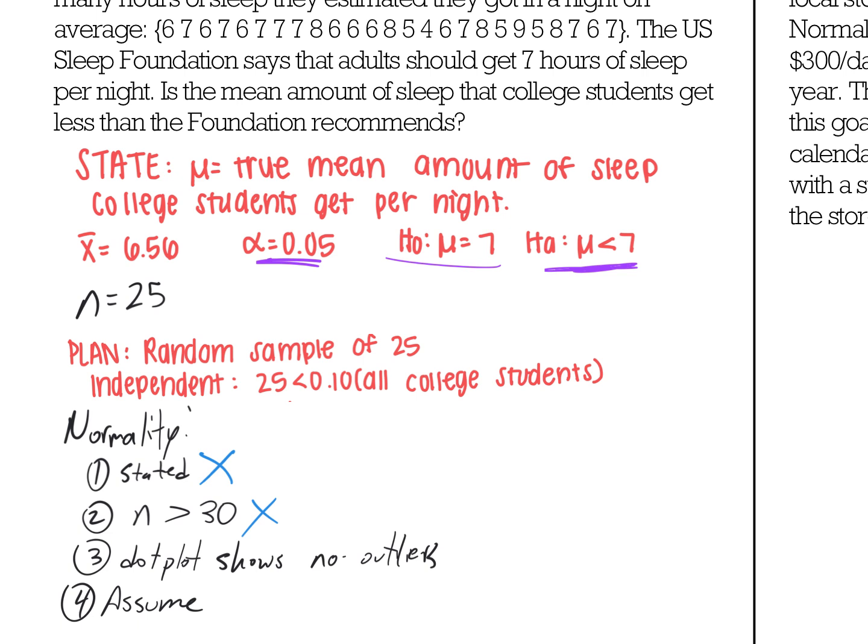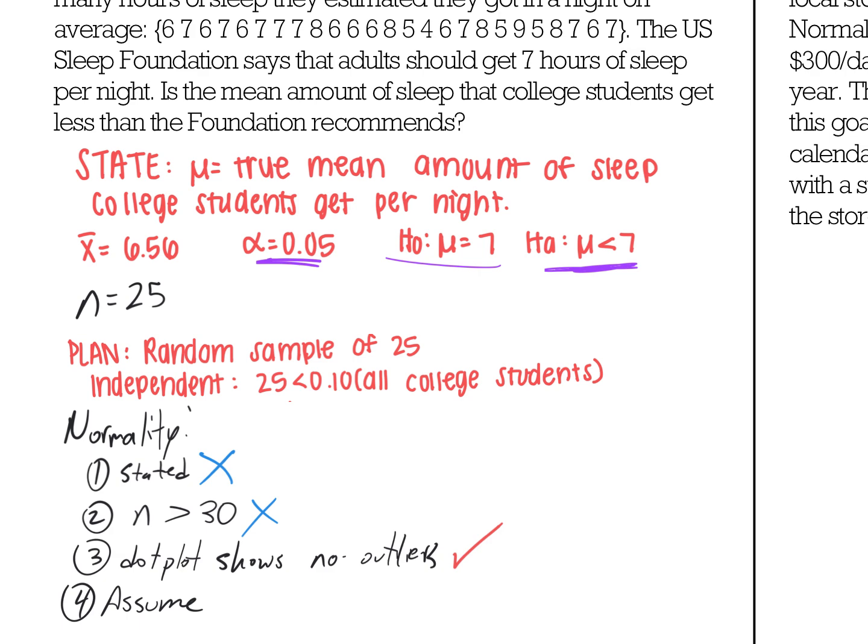And if we roughly graphed our data and looked at it, we would notice that there are no outliers. That's kind of my check condition for this case. And the worst case scenario was if you cannot get any of those to work, we should go ahead and assume that they are normal so that we can proceed with our test. Okay, so that takes us through the planning portion.